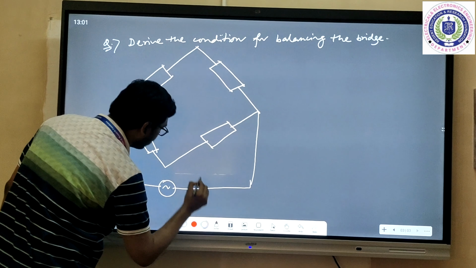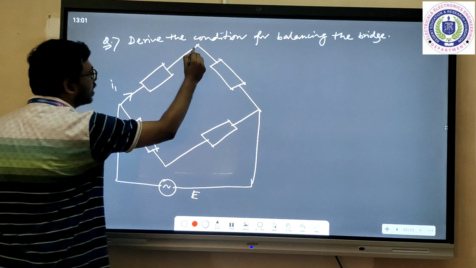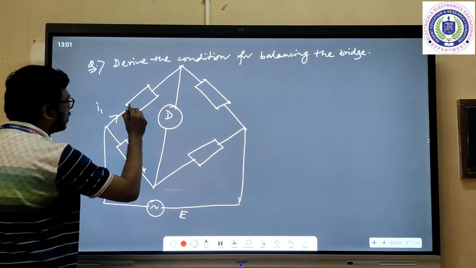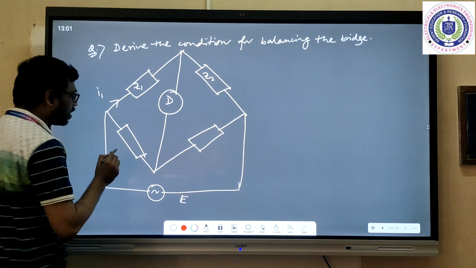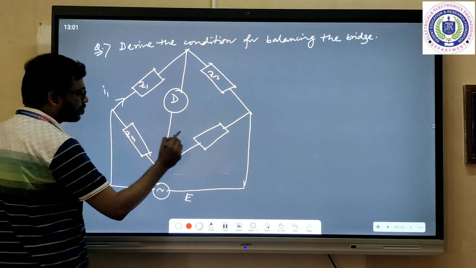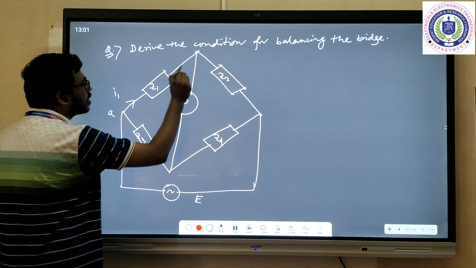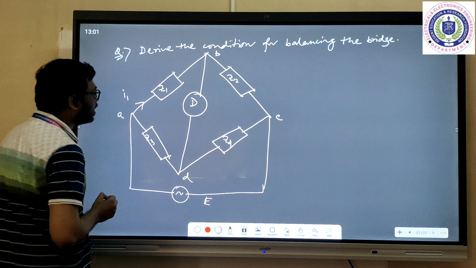Now this is say E. Here the current flowing is I1. Here a detector is connected. This is say Z1, Z2. These are the impedances I am taking. Z3, Z4. Now this is point A, point B, point C, and point D.